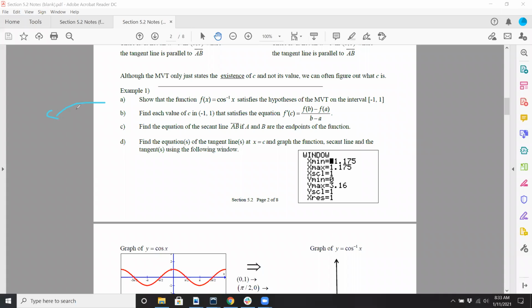So you could just make a quick statement that f of x is continuous on -1 to 1 and differentiable. Just make a statement. And then you can say, therefore, MVT for derivatives.